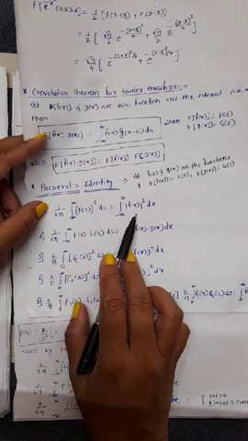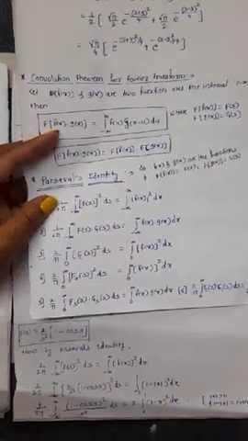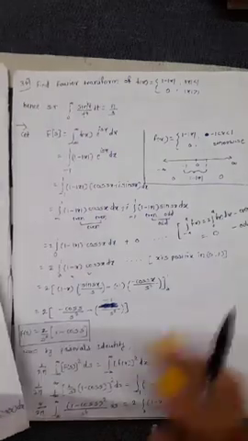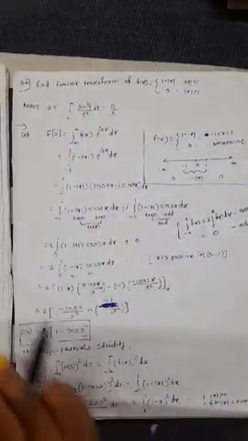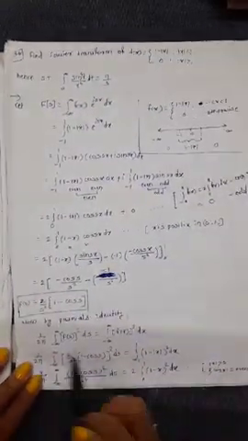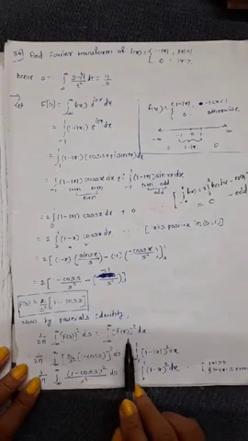Put this formula here; we are going to use this formula. By Parseval's identity, this is the formula we are going to use.